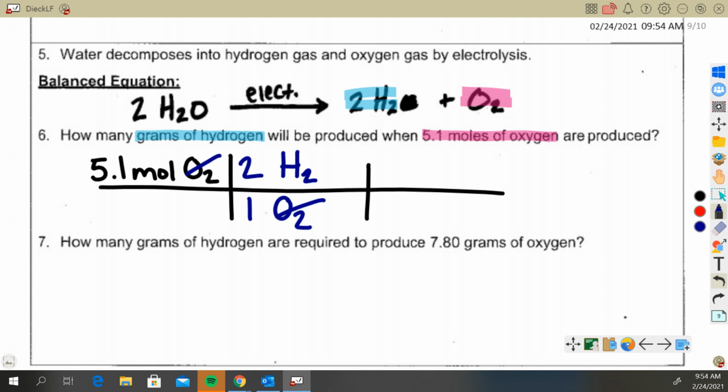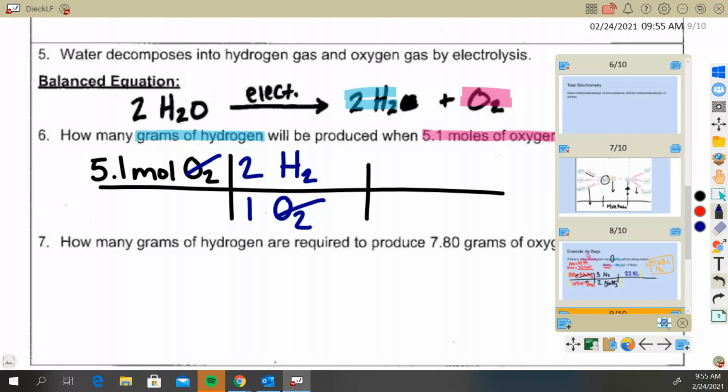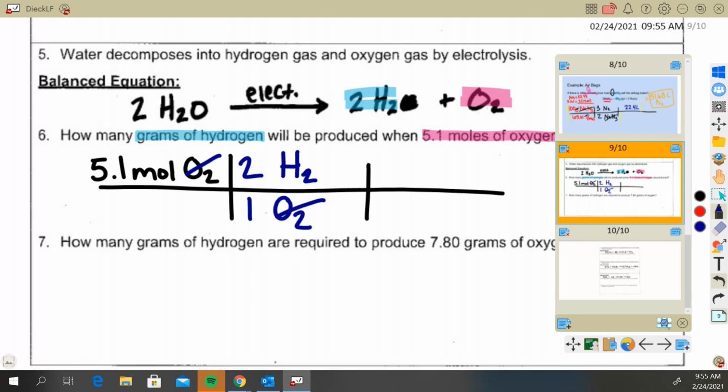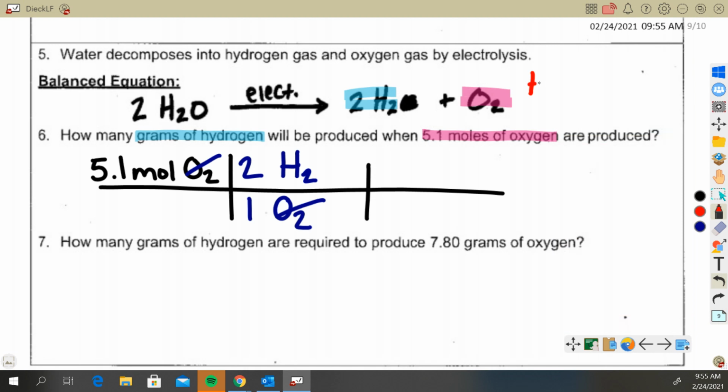All right. The unit that I want is grams. So let's go back to our little flow chart. I want grams. So what do I need to do to get to grams? We're going to multiply by the molar mass of our wanted. So we're going to multiply times the molar mass of hydrogen. So we've got hydrogen, H2. H2 has 2 hydrogen. Hydrogen has a molar mass of 1.01.